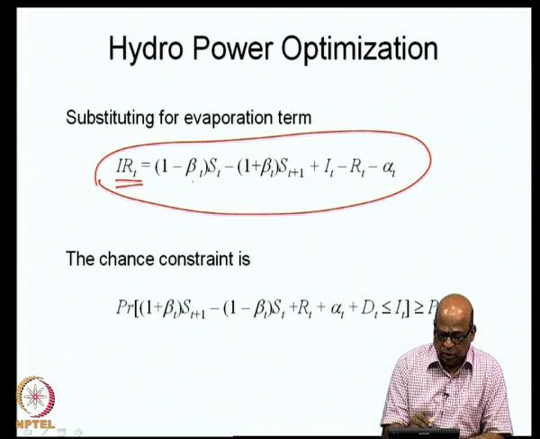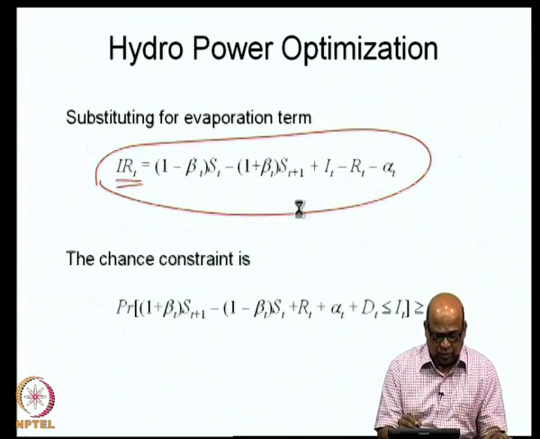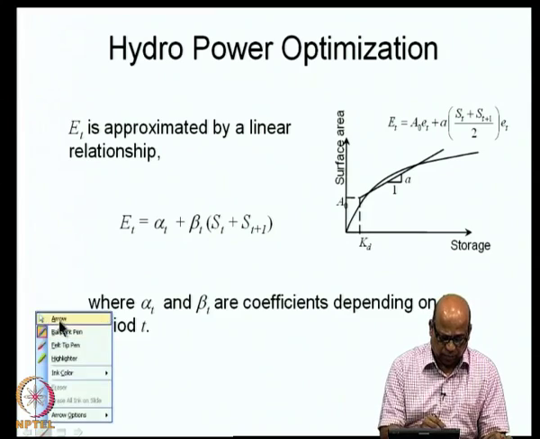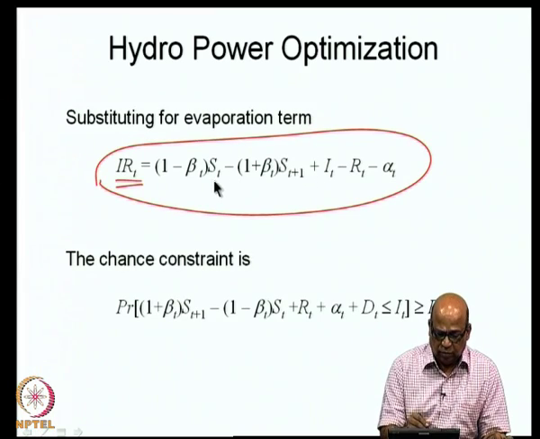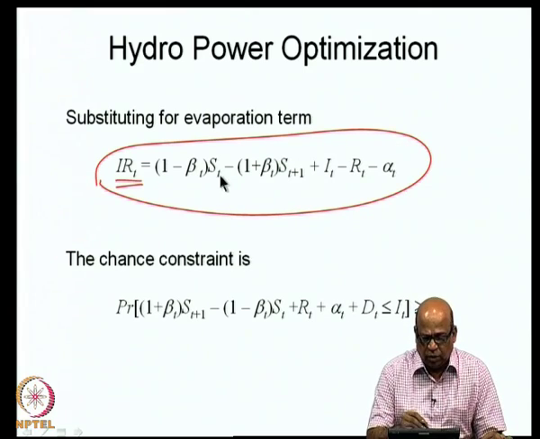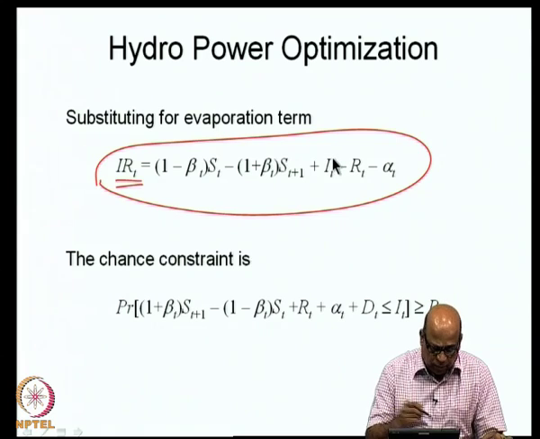Understand the different terms here. Beta t comes from the evaporation loss equation relationship, and St and St plus 1 are decision variables, which are the storage at the beginning of the time period t and the beginning of time period t plus 1. It is the random inflow.